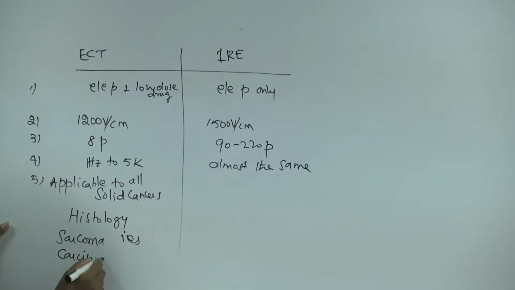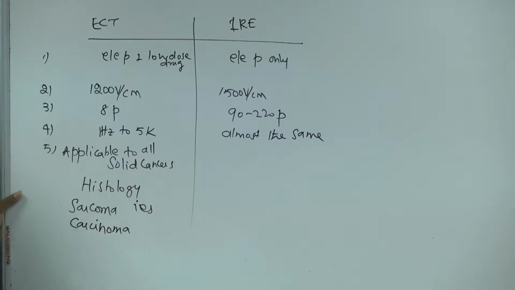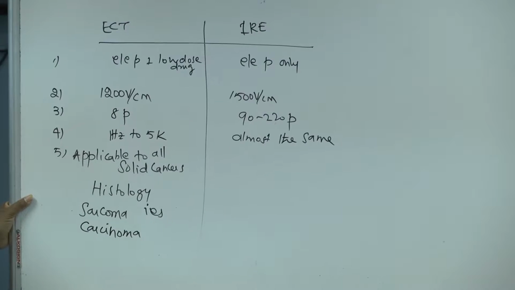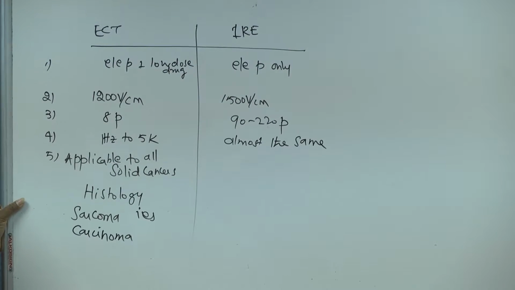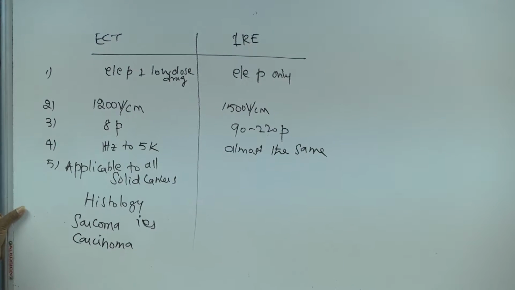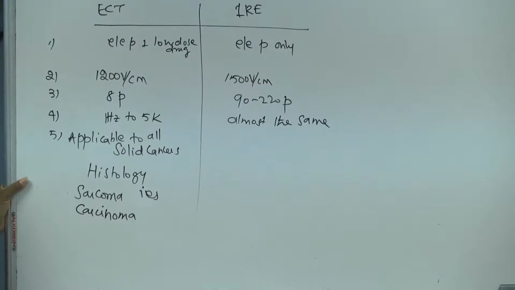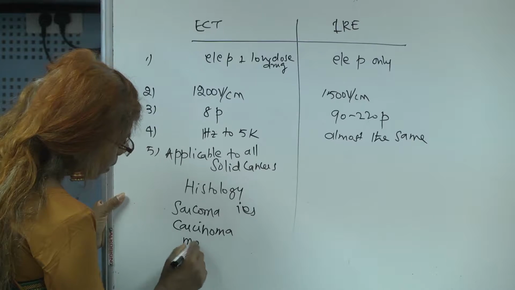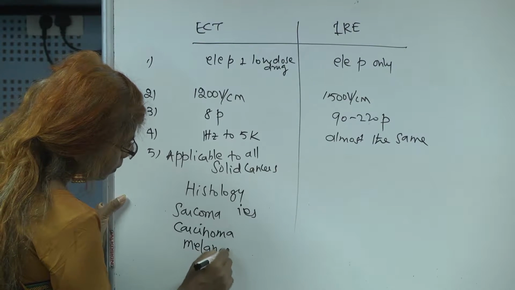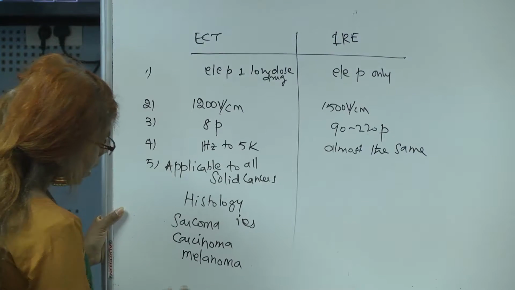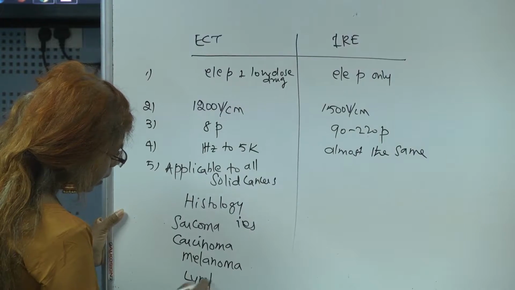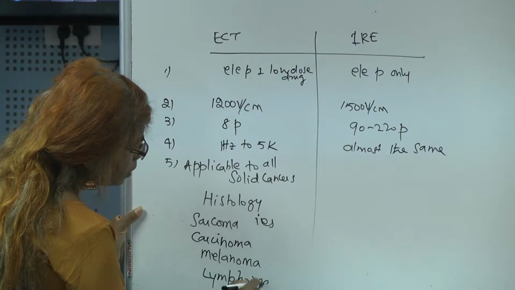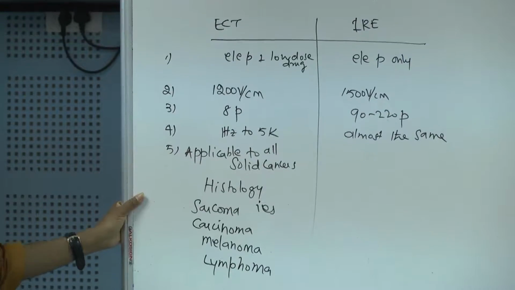Carcinoma means epithelial cell. Epithelial, epi means outside, correct. Epithelial means the most outside cell. Inside is endothelial cells, and then comes the surface muscle cells. So, sarcoma, carcinoma, melanoma. Melanoma is skin. What else? Lymphoma. Lymphoma means lymph nodes. Lymph nodes are like the drainage of our system.